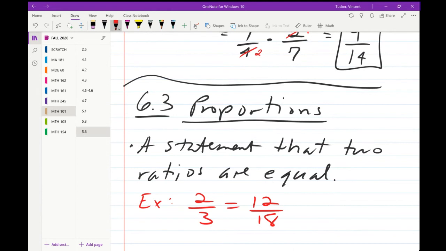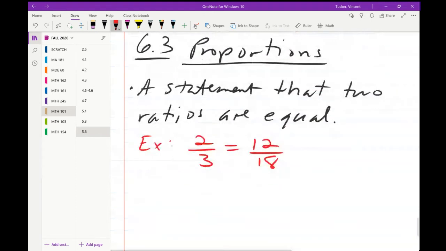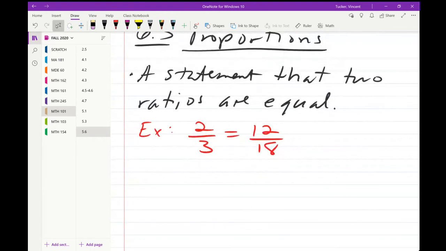So a proportion is just a statement that two ratios are equal. Example of that is 2/3 equal to 12/18.